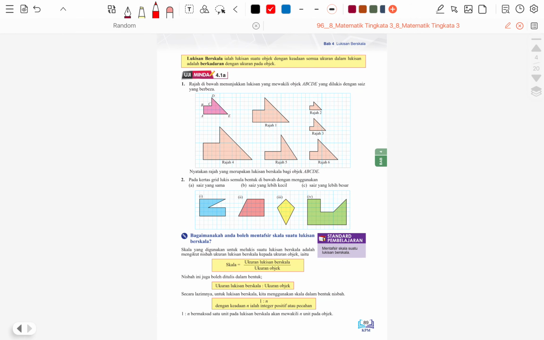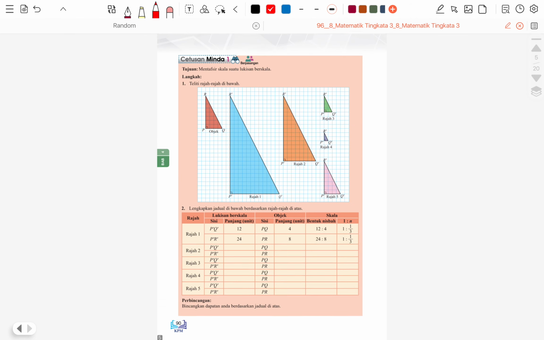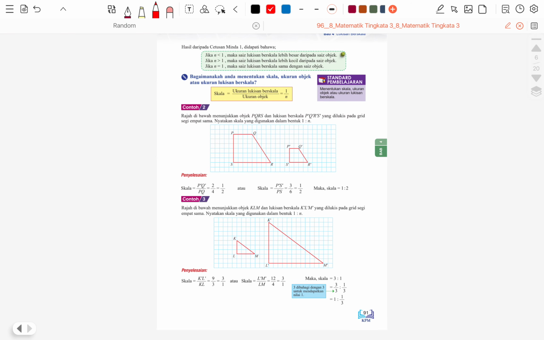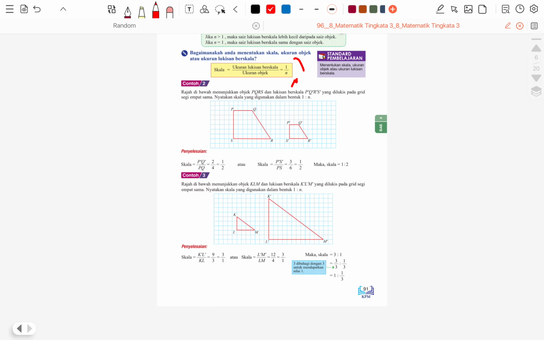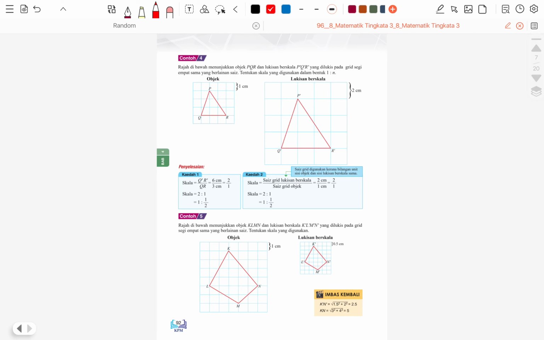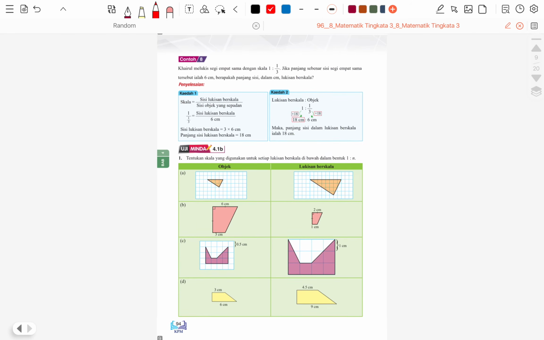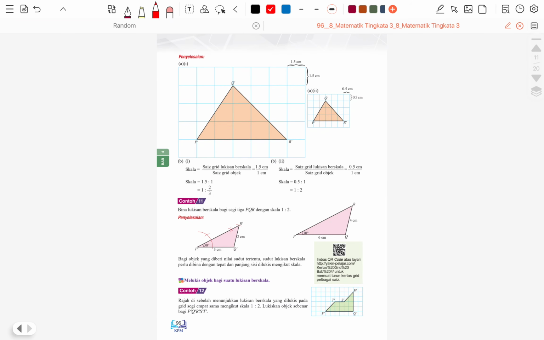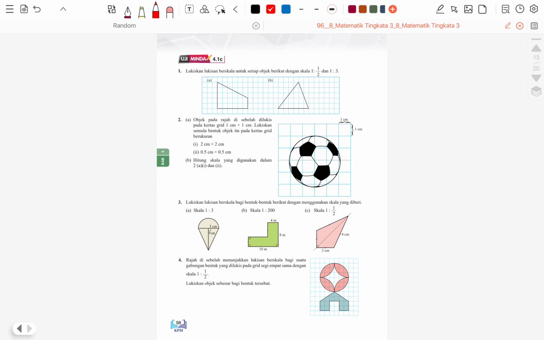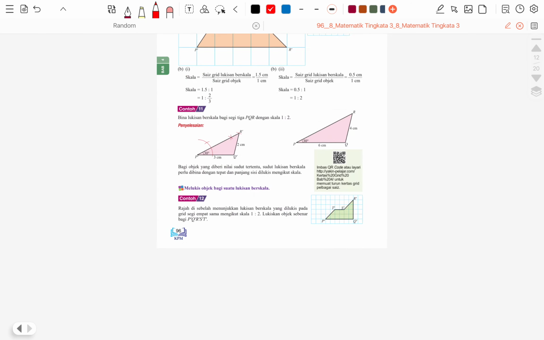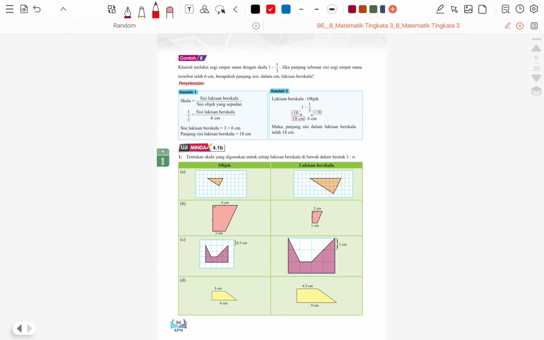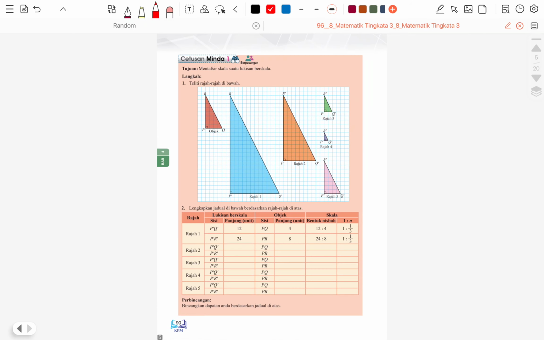This is the most important one, and this one is not really important but you can learn it also. You'll be learning two types of formula, so we're going to go through a couple of examples regarding the formula.